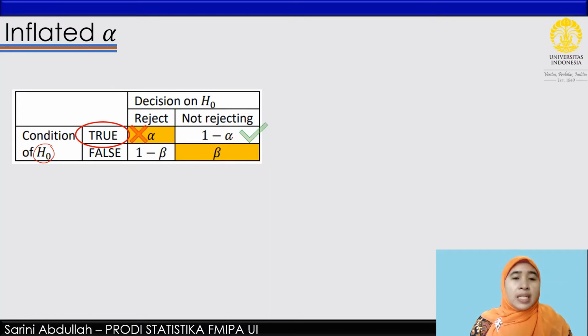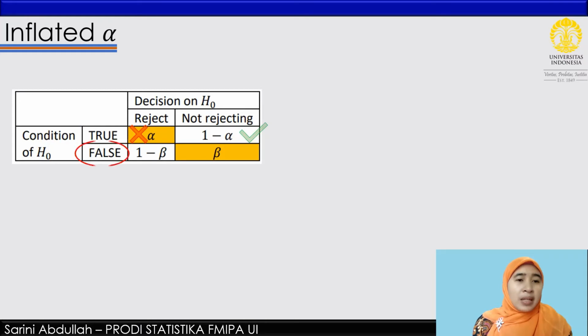But in case we reject that hypothesis, it means that we are rejecting something that is true. It means that we are making an incorrect decision. And the probability of making that incorrect decision is measured by alpha. So this alpha is called the type 1 error. That is our concern in this session.